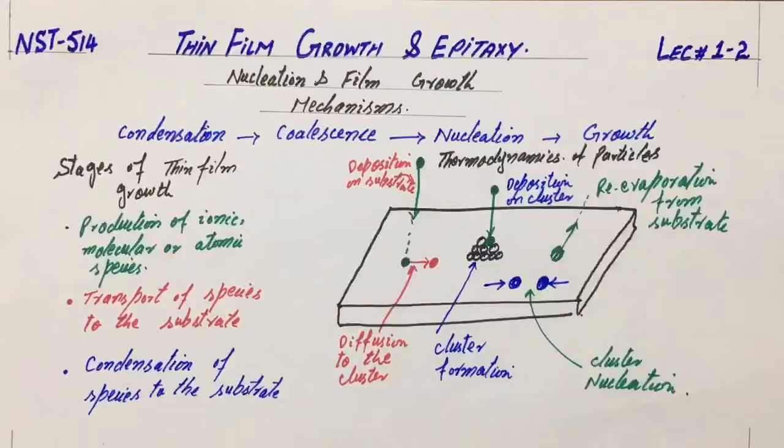So these basic phenomena are related to the deposition of the particle on the substrate, diffusion of the particle to the cluster, the deposition of the particle on the cluster, and then cluster formation, nucleation, and re-evaporation. These are the basic mechanisms which take place while we are depositing thin films or materials on the substrate surface.